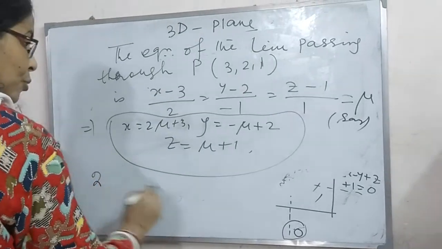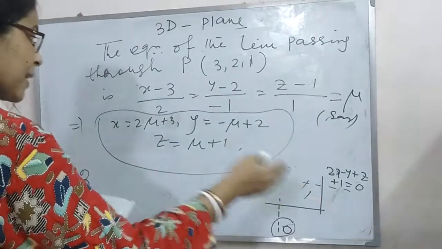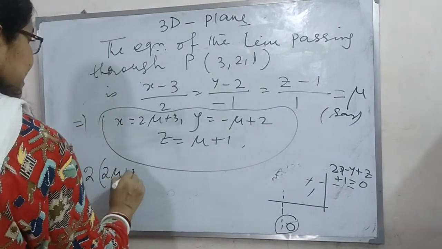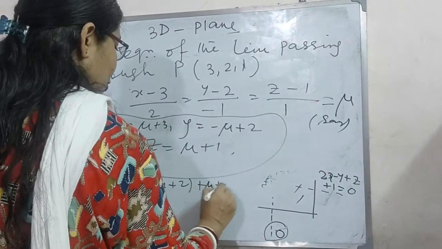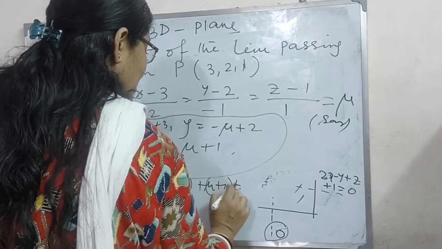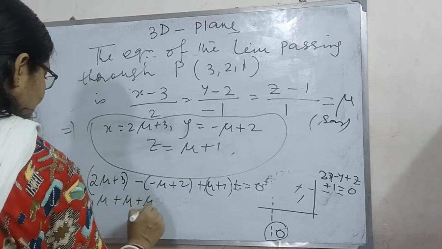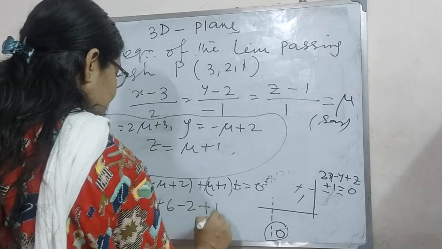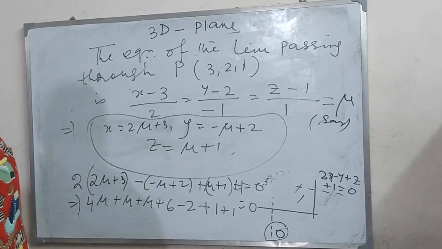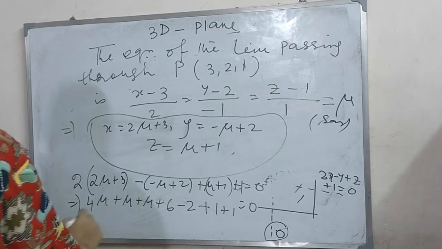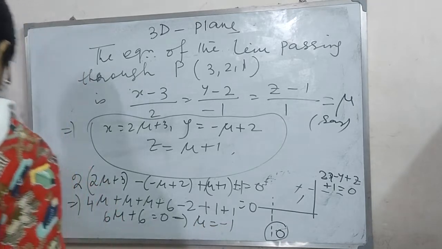That means the equation of the plane is 2x minus y plus z plus 1 equal to 0, so this point satisfies the plane. 2 into (2 mu plus 3) minus (minus mu plus 2) plus (mu plus 1) plus 1 equal to 0. So 4 mu plus 6 plus mu minus 2 plus mu plus 1 plus 1, 6 mu plus 6 equal to 0, I will get mu equal to minus 1.